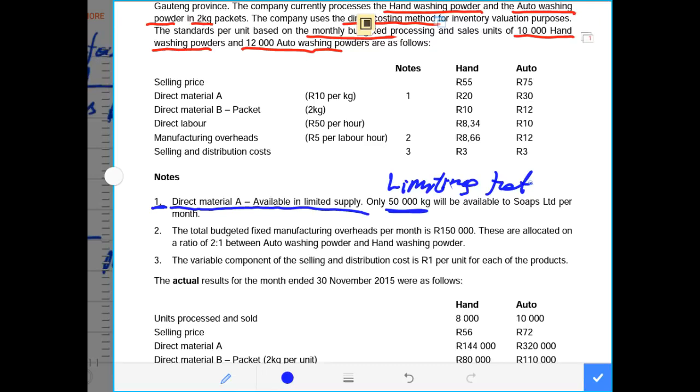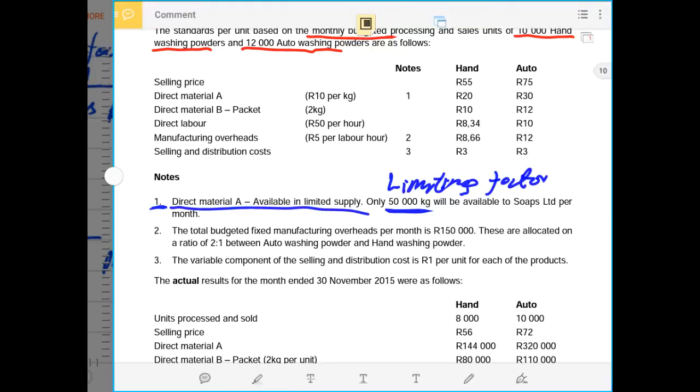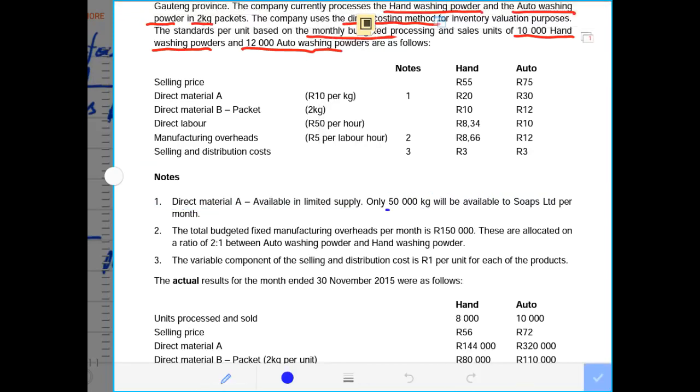We cannot have more than 50,000 kgs per month, so even if we want to manufacture above that, we cannot exceed it. When you go to that question, we will be dealing with 50,000 kgs as the limiting factor.